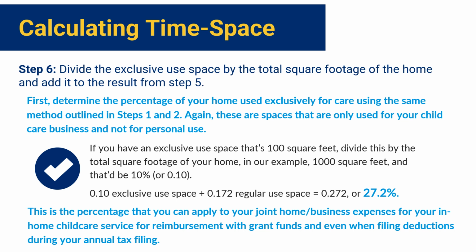Again, these are spaces only used for your child care business and not for personal use. For example, if you have an exclusive use space that is 100 square feet in addition to your regularly used space in your 1,000 square foot home, then divide 100 by the total square footage of your home, which was 1,000 square feet. That gives us 10%.